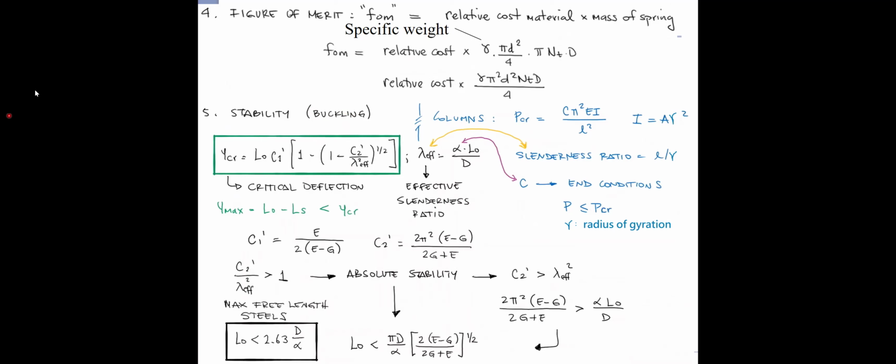If you still remember, for a column we have the critical load, which equals C, the constant which depends on the end condition of this member, times pi squared E times I over L squared, where R defines the radius of gyration and I is the polar inertia.